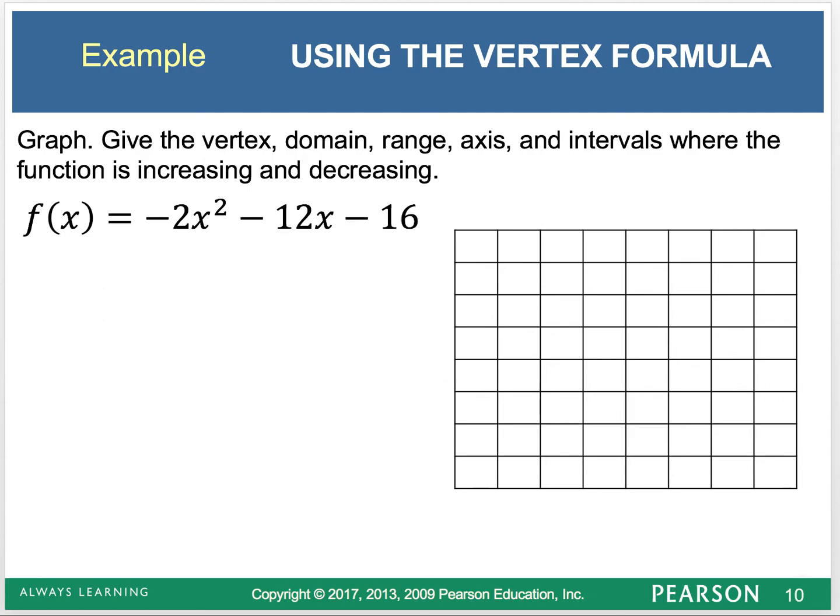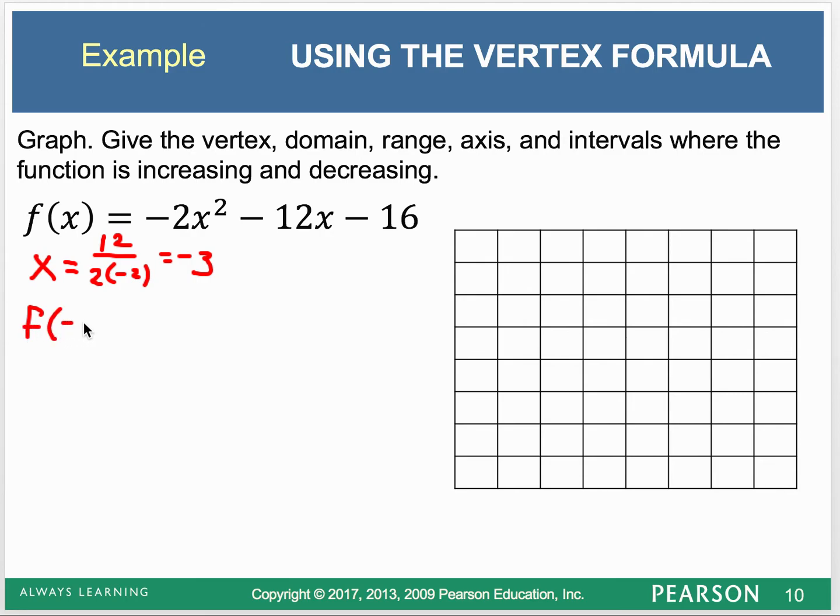All right. Let's try it again. Make sure we got everything covered. Okay. So x is negative b over 2a. So negative 12 is positive 12. This time a is negative, so this whole thing is negative. 12 divided by 4 is 3. All right.